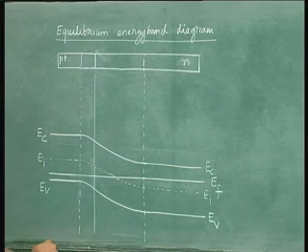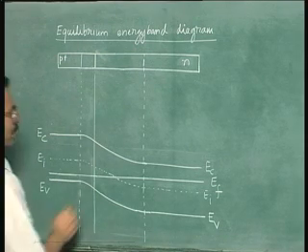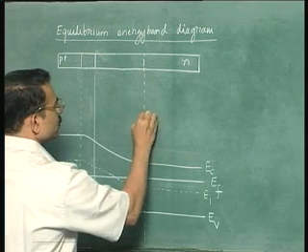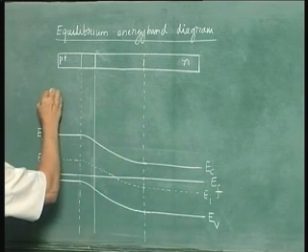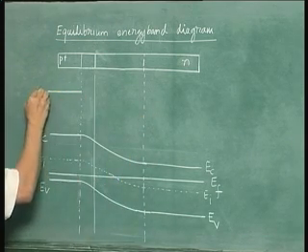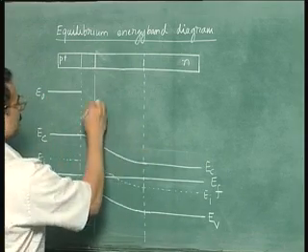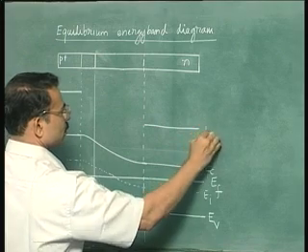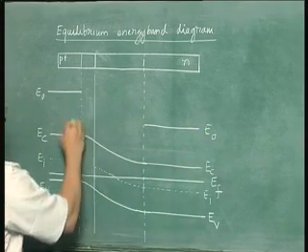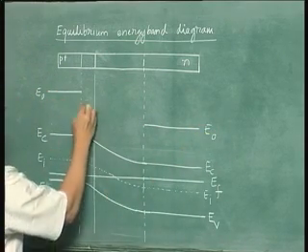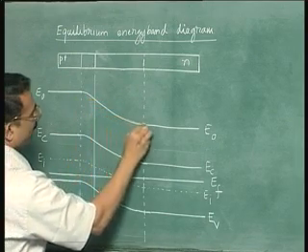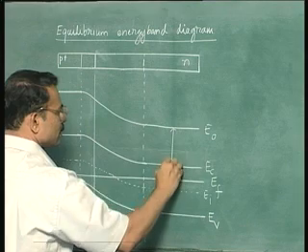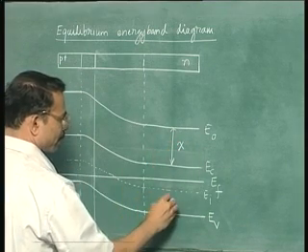Now we can also draw the vacuum level E0 at a distance electron affinity from EC. So let us start from this end. So this is E0, and the same distance you should have E0 here. And now we join them by a continuous line. So that is E0.